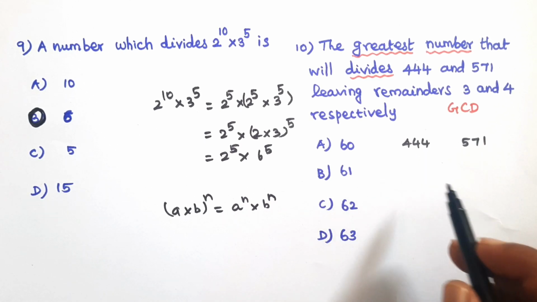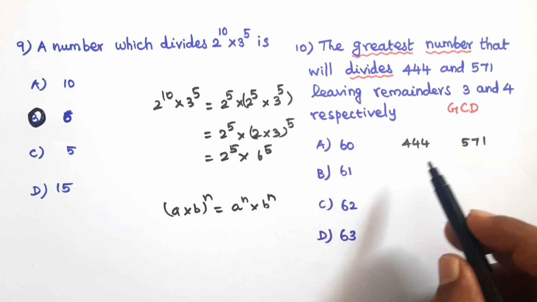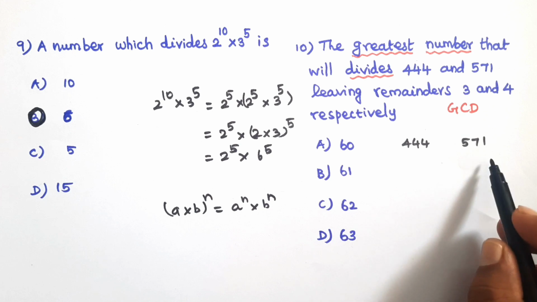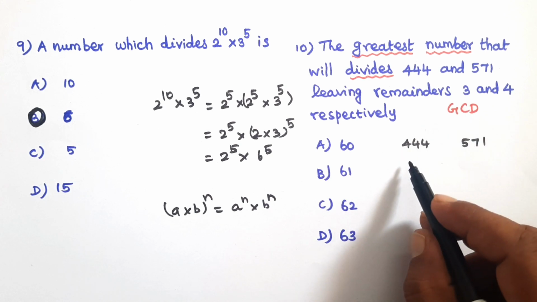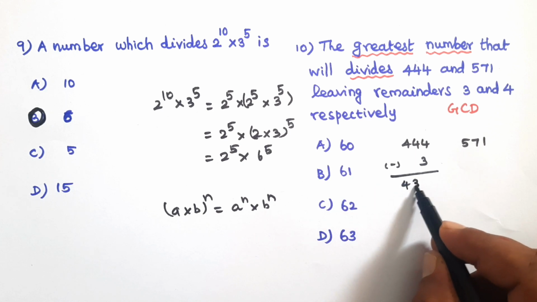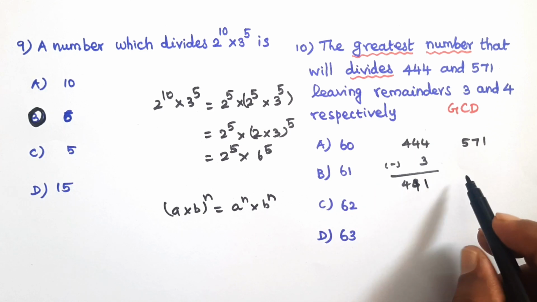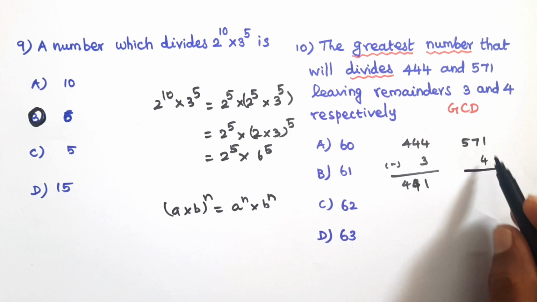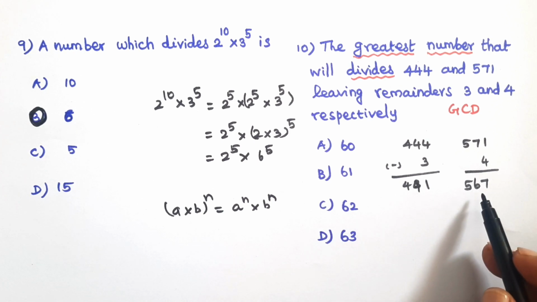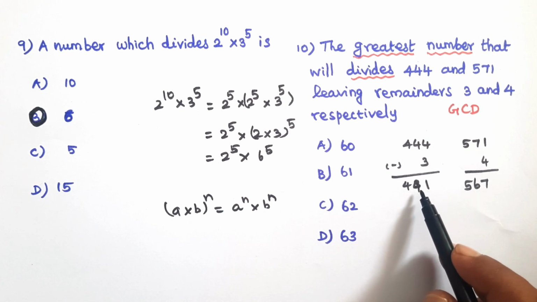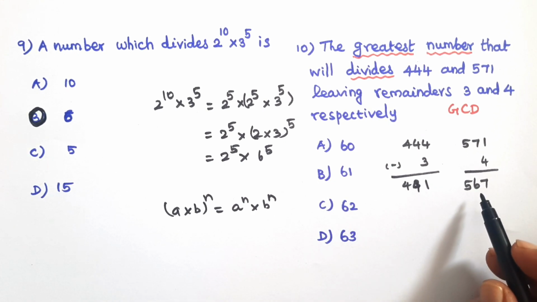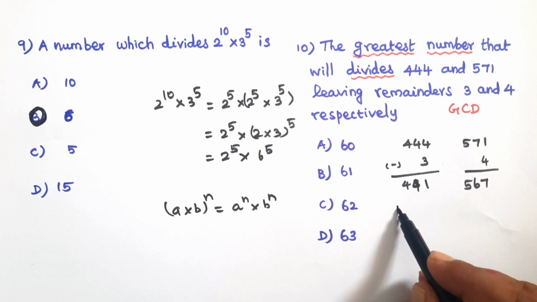These two numbers divided by some number leave remainders 3 and 4 respectively. So the remainders are subtracted: 3 is subtracted from 444, giving 441, and 4 is subtracted from 571, giving 567. These two numbers are divided by the same number leaving remainder 0. For this sum, we find the GCD of these two numbers.